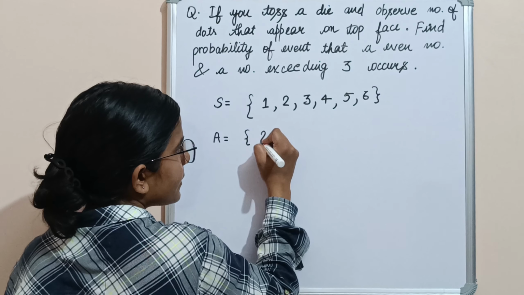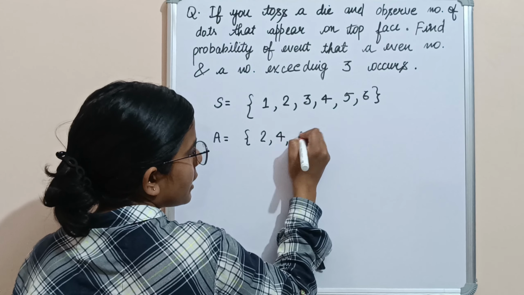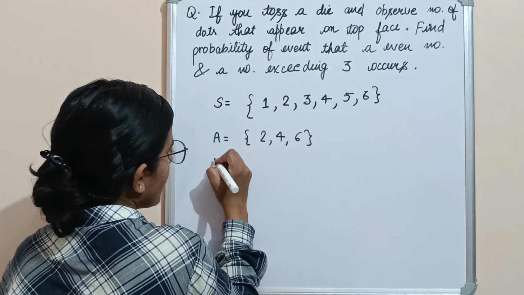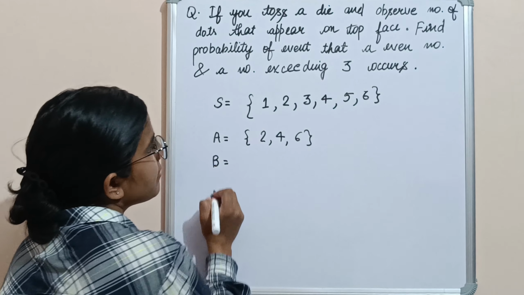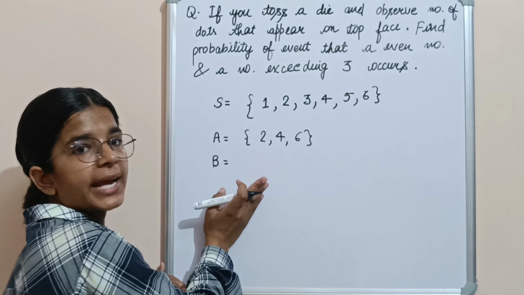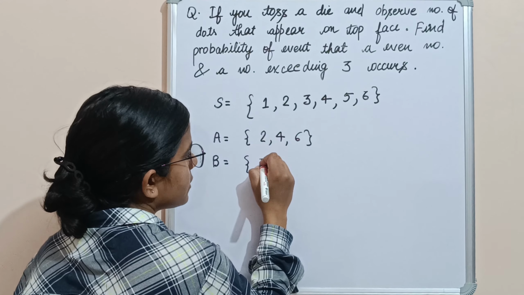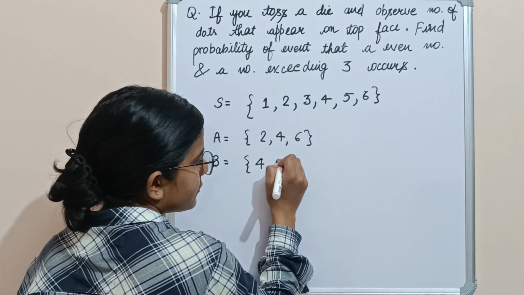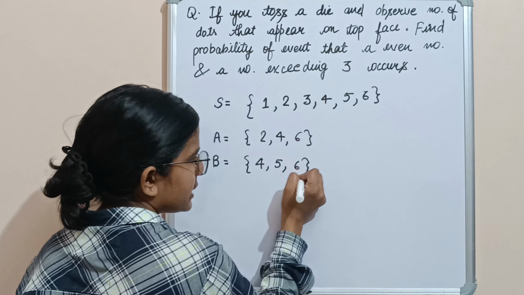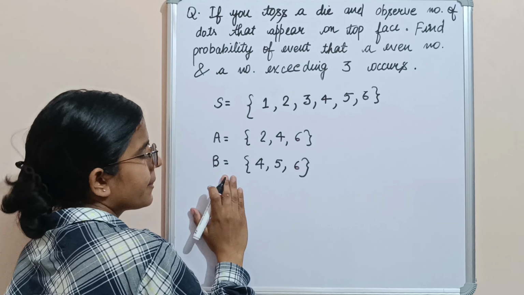So the sample space will be 2, 4, 6. And B is the event that a number exceeding 3 occurs. That is, 4, 5, 6 is the sample space for event B.